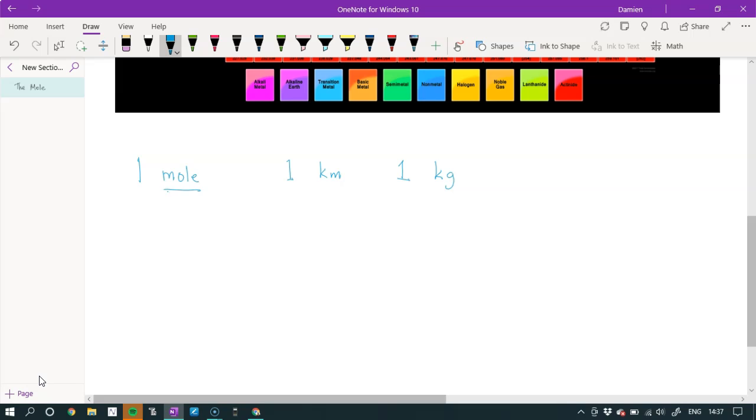A mole is just a unit, and what we use the mole to do is to work out the amount of atoms or particles in a substance. Now those particles, they can be molecules, but you can also have ions and sometimes electrons as well.